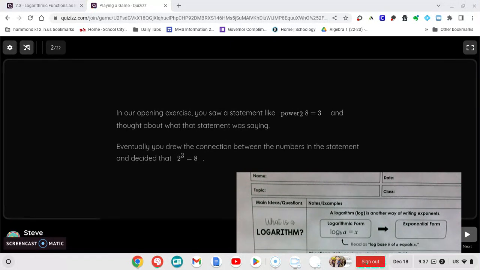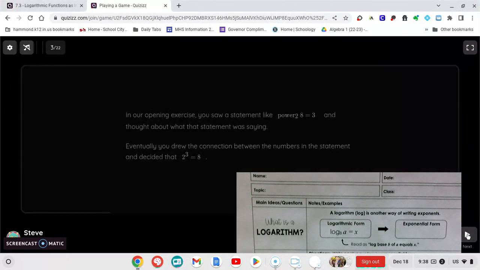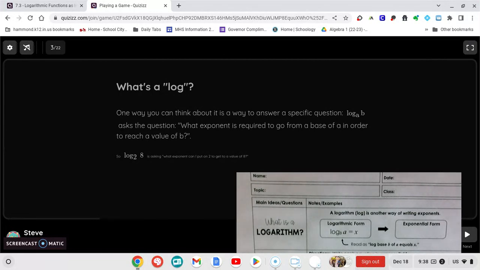I asked you to think about what that might be saying. As you talked through it, you looked at the connection between the numbers and saw that 2 to the third power is equal to 8. So this expression, power 2 of 8 equals 3, must be equivalent to that. And it turns out that is exactly correct.